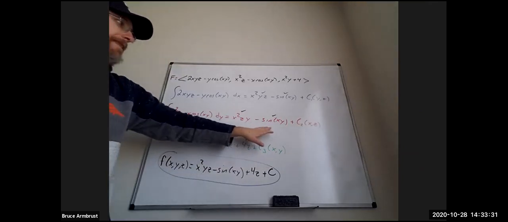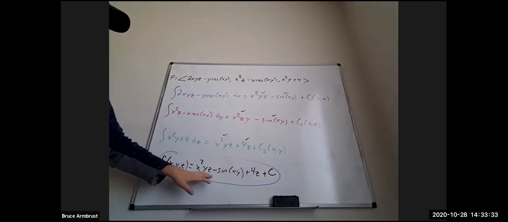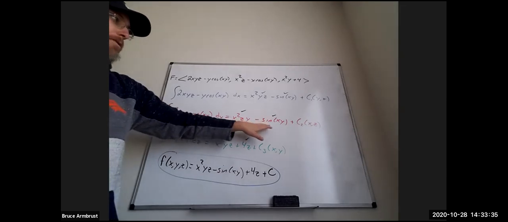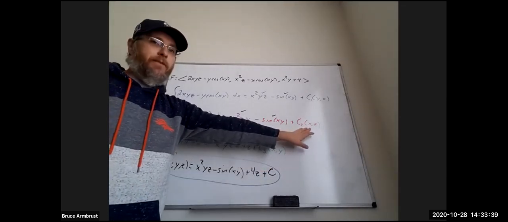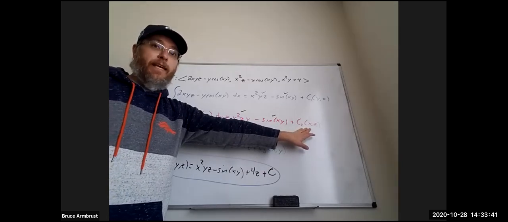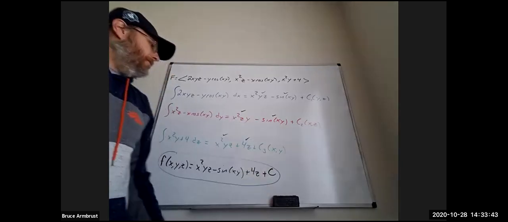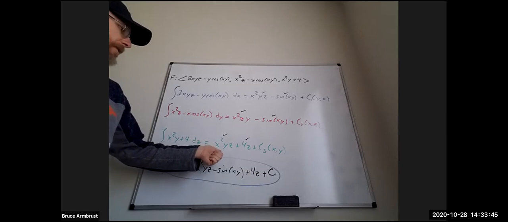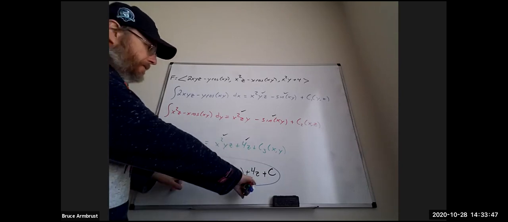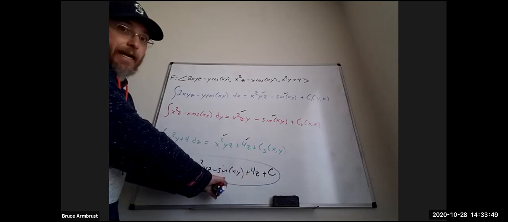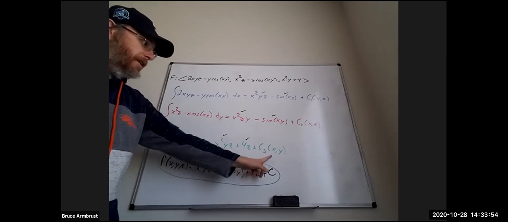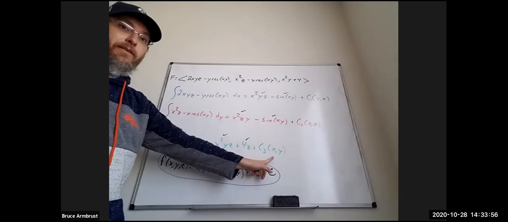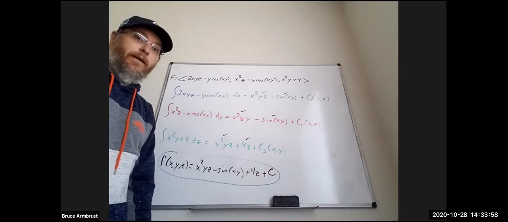Same thing if you look at the red line, x squared yz, sine of xy, that's those two pieces. The 4z is constant when it comes to y. That's why it wasn't there. Or look at this one, x squared yz and 4z, that was these two pieces. But now it was missing the minus sine of xy, because that was a constant as far as z was concerned. It's only a function of x and y.